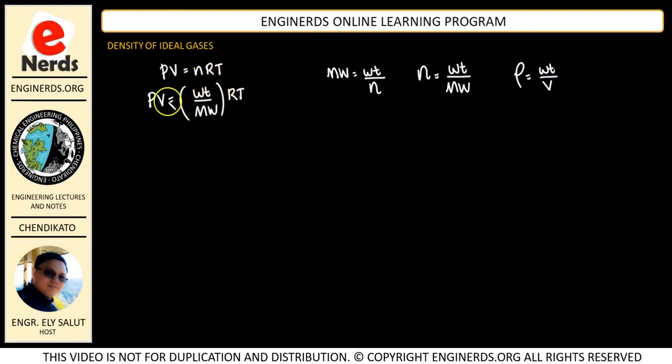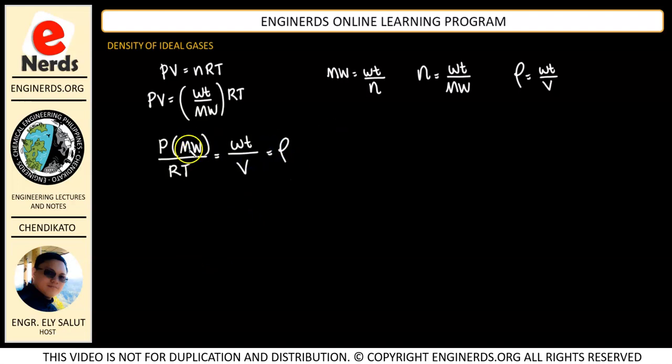So we have here the weight and the volume, so we can isolate this. We have pressure times the molecular weight over RT is equal to the weight of the compound divided by the volume, which is density.